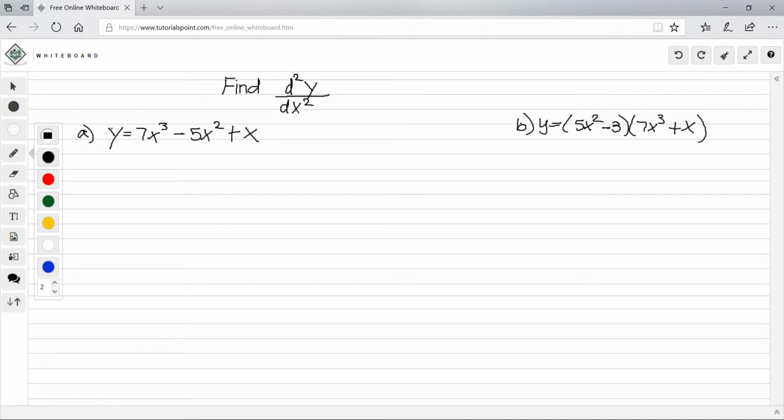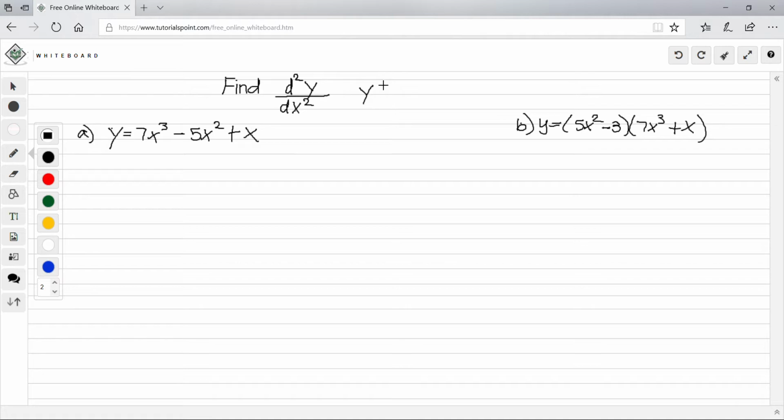So today we're going to learn calculus, and we're going to do second derivative. So the question says find d squared y over dx squared. So it's basically the second derivative, or y double prime. It could be also like this, right?